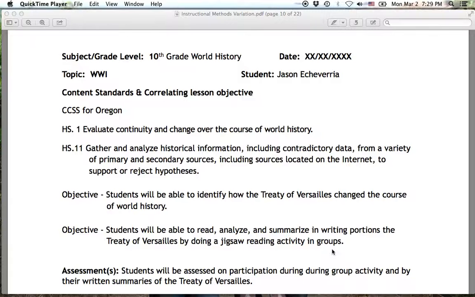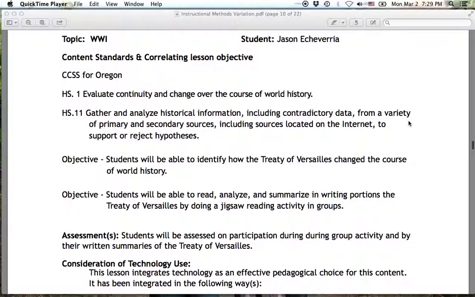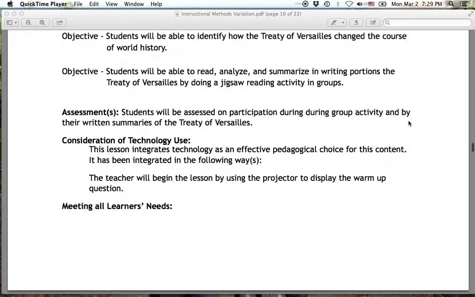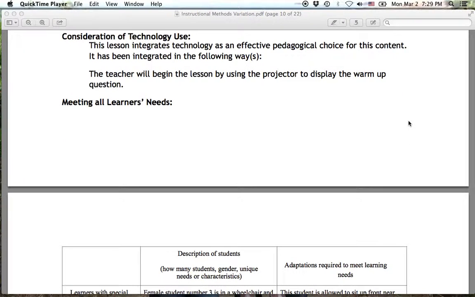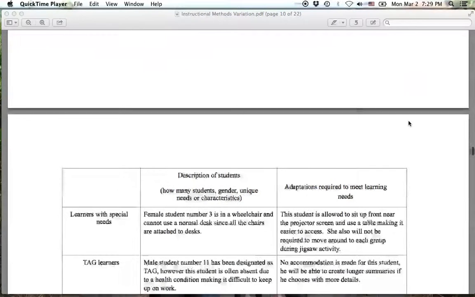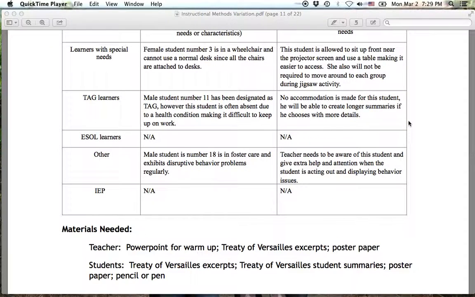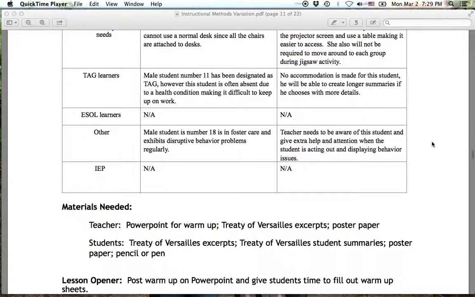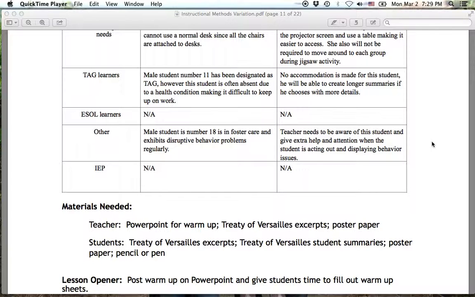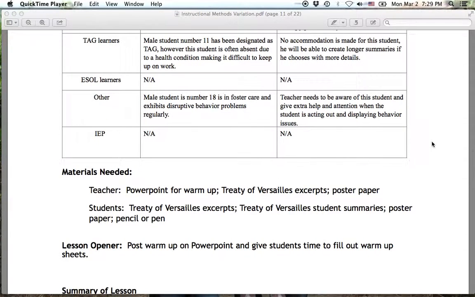So now they're actually going to do it in groups and read in a jigsaw format. And now there's very little direct instruction from the teacher. He or she would not use any PowerPoint, but maybe give the students a copy of the excerpts.